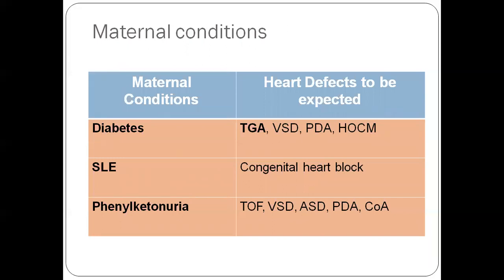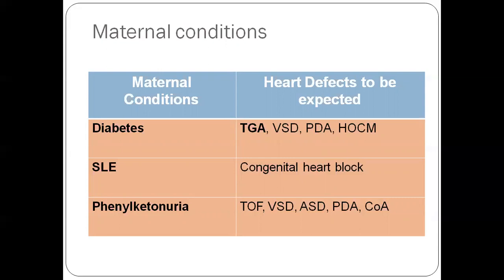Maternal conditions like diabetes, systemic lupus erythematosus, and phenylketonuria can cause heart defects in the baby like TGA, ventricular septal defect, patent ductus arteriosus, congenital heart disease, or heart block.